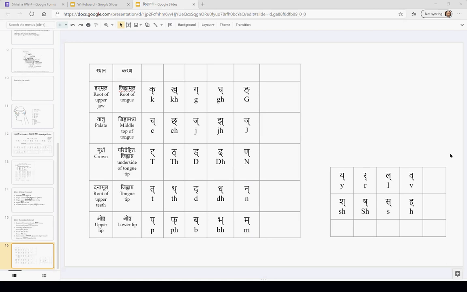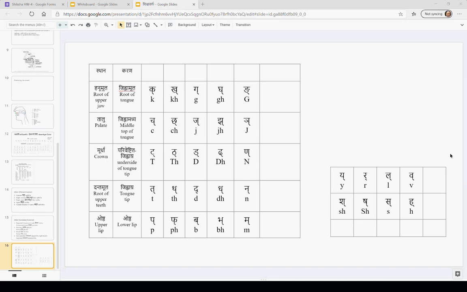Regarding the matra, how long is the matra? In the ancient texts like the Pratishakhyas and the Shiksha Granthas, we do not find an exact measurement in seconds. They just say matra, one unit.